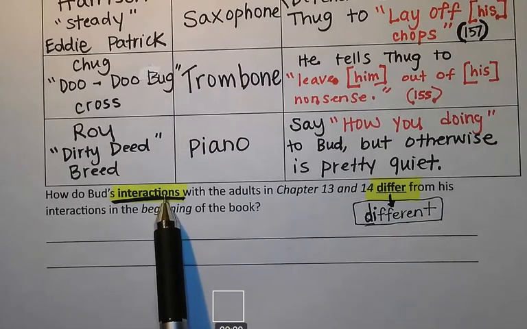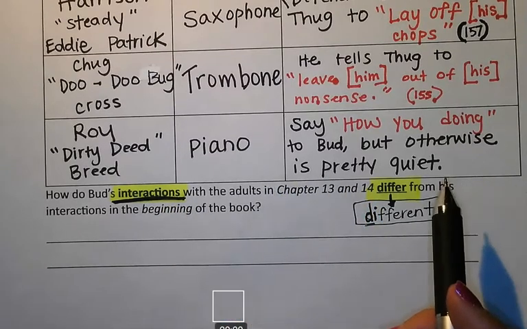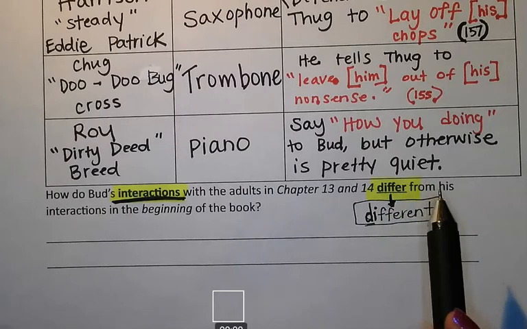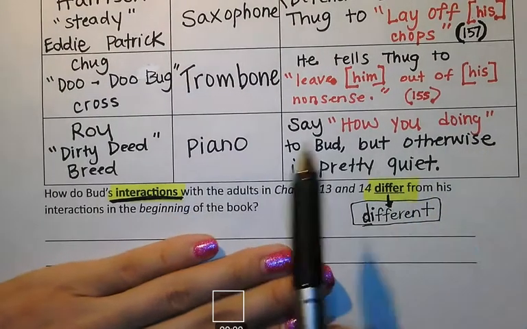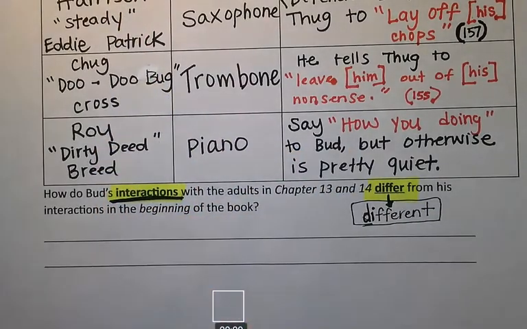Now the interactions are different from those negative effects on Bud from the beginning of the book. They're more what now? The interactions with Bud and these adults are what? Would you say they're still negative like at the beginning, or would you say they're more positive?